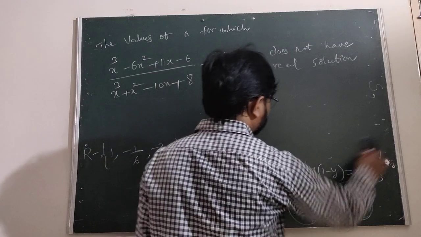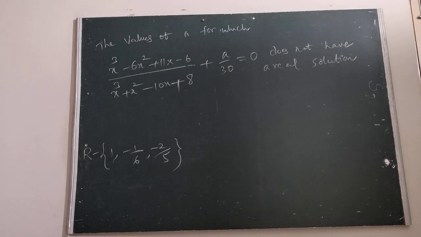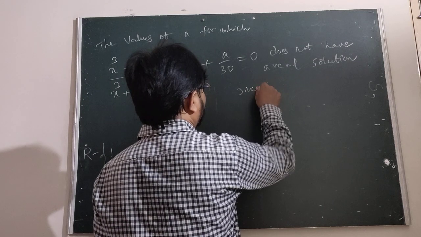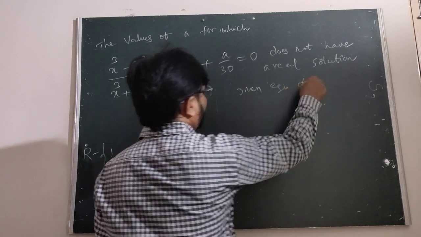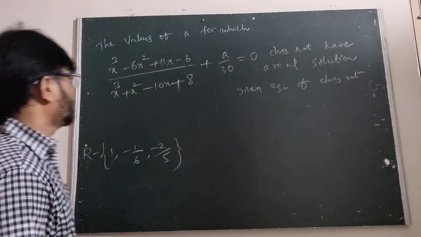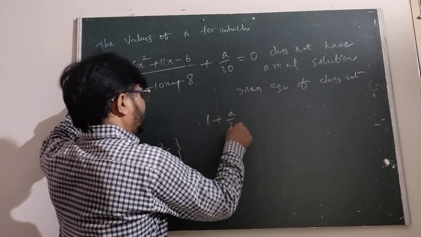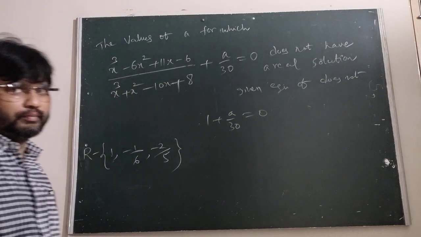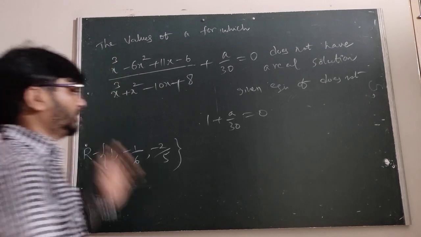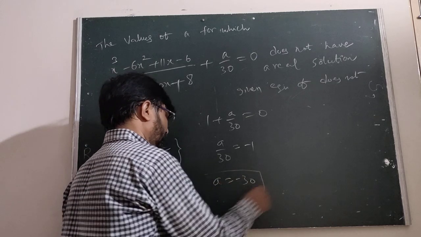That means, given that the equation does not have a real number, the image of this one we are getting 1, that is a by 30, must be 1, completely the image is 1. Therefore a by 30 equals minus 1, so a equals minus 30.